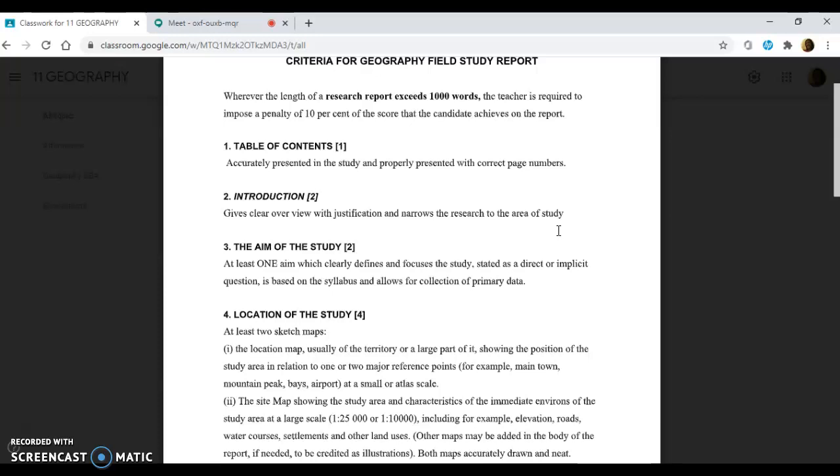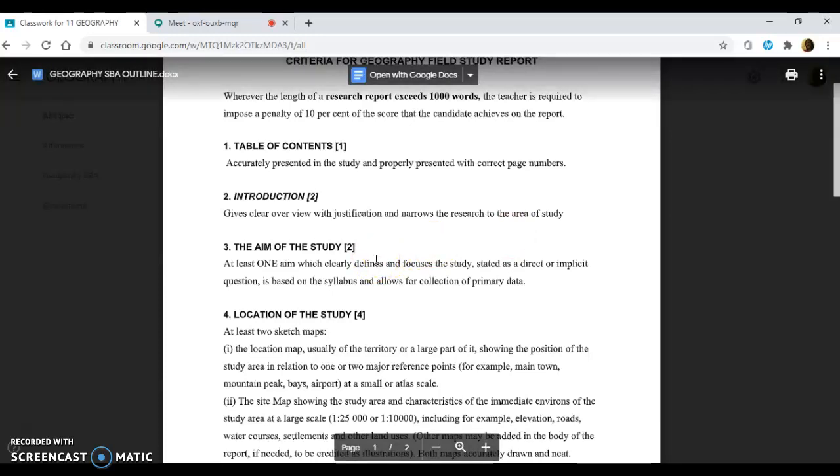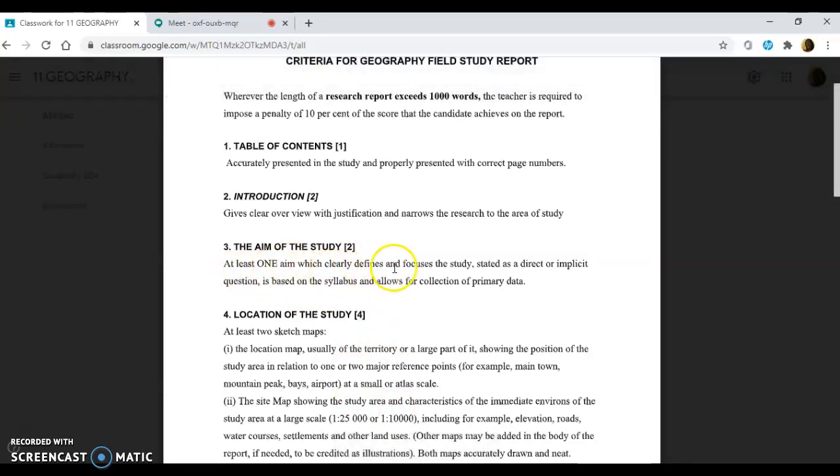All right, great. Good. Next criteria, the aim of the study. Now, the aim of the study, it says at least one aim clearly defines and focuses the study. So this aim is worth 2 marks.